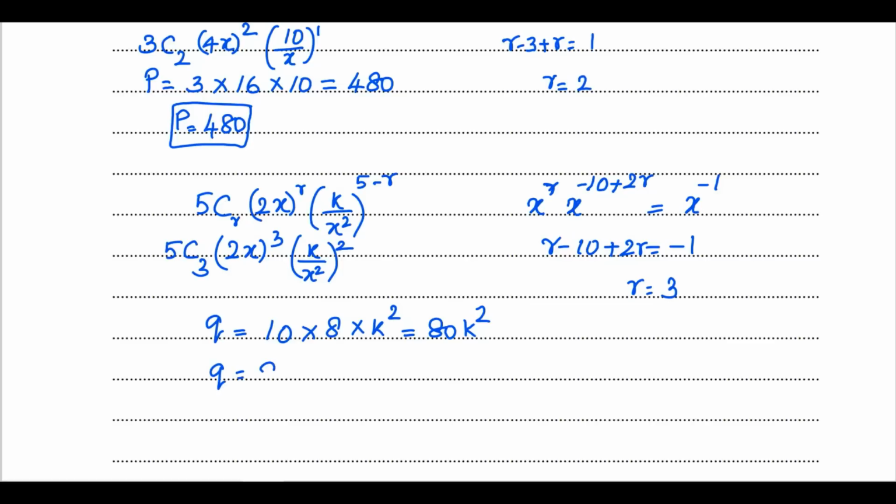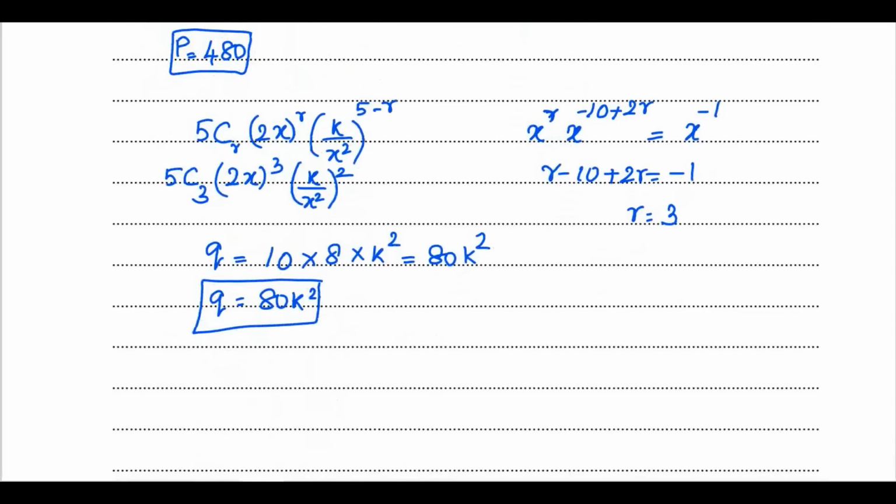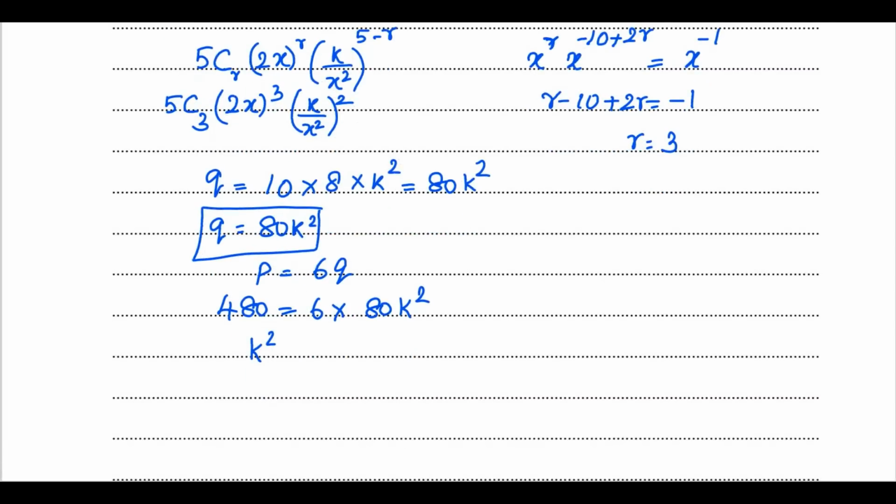So q is equal to 80 k square. So it's given p is equal to 6q. So p is 480, 6q is 6 multiplied by 80 k square. So k square is 480 divided by 6 multiplied by 80 is 1. So k is equal to plus or minus 1.